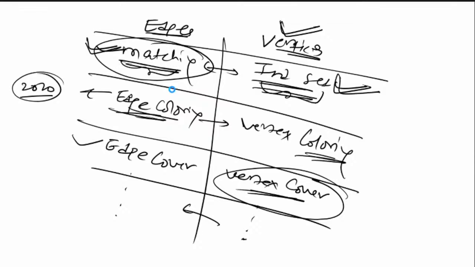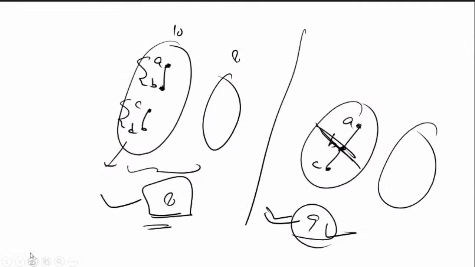Now let's take more examples. Assume that you have a complete graph on four vertices. So this is your complete graph, A, B, C, D. In this complete graph, you can very easily see what the matching is. For example, AC is a matching.